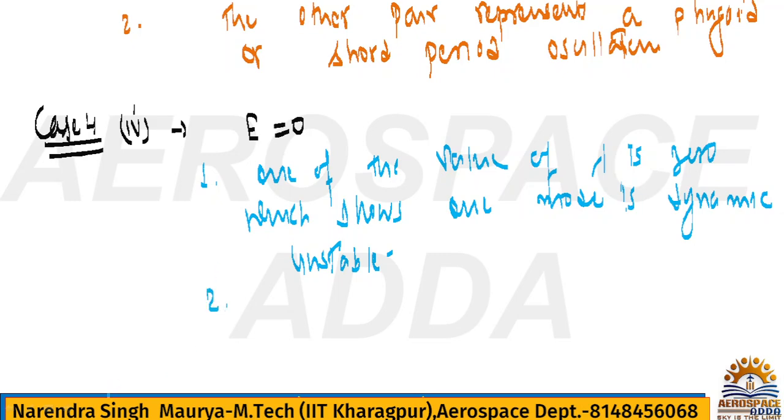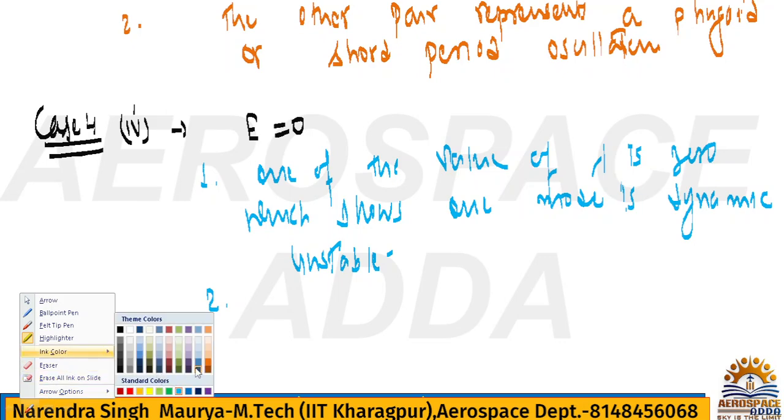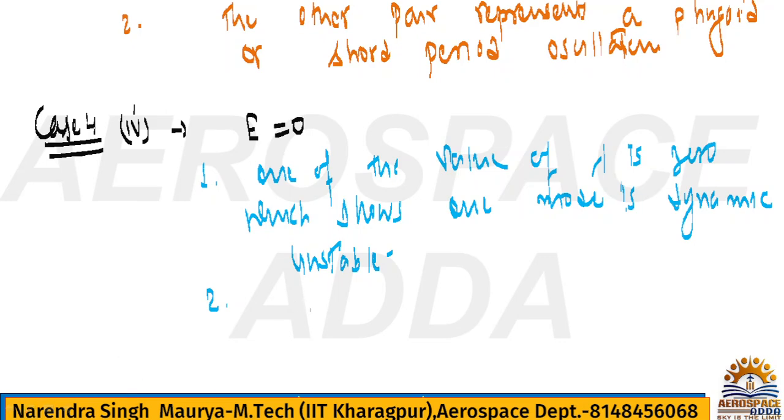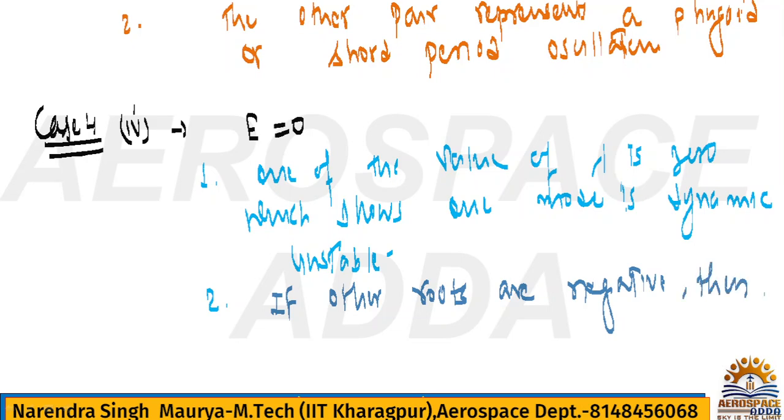The second point, which is very important: if other roots are negative, then it shows pure convergence.